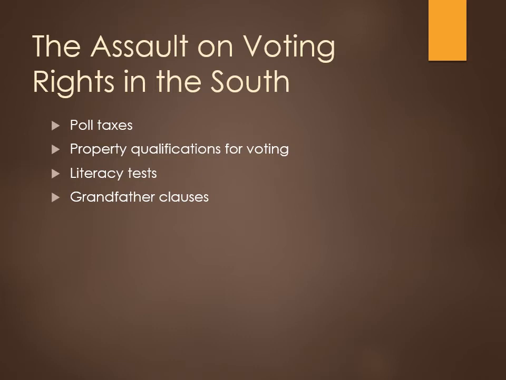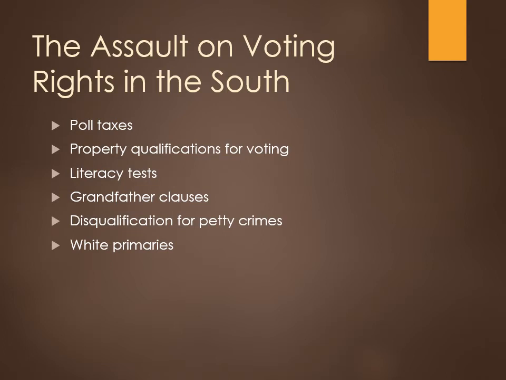Of course, for the former slaves, their grandfathers could not vote, so they were subject to literacy tests. There was disqualification for petty crimes, and that's a legacy that we still have to the present day. More on that in part 3 of this PowerPoint. There were any number of excuses why if you committed even the smallest crime, you would be denied the right to vote. There were white primaries.